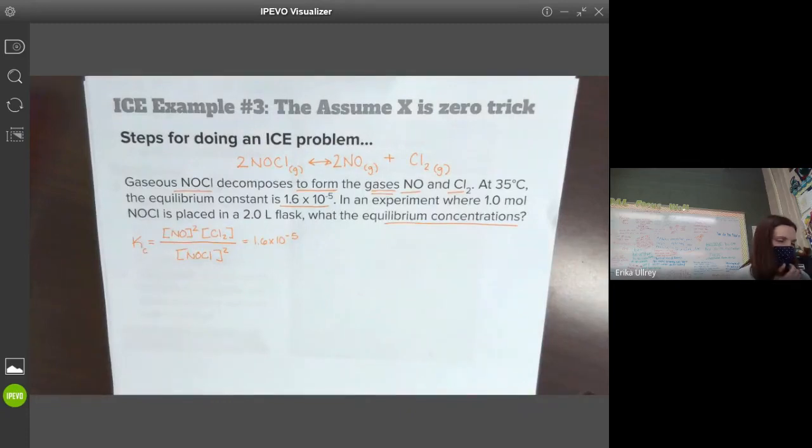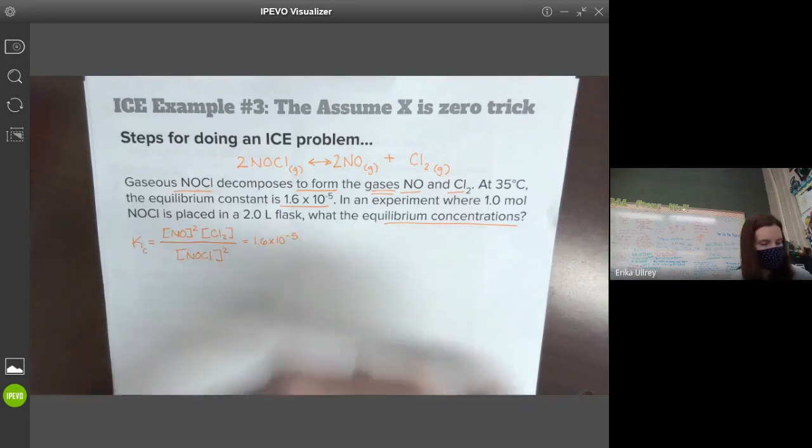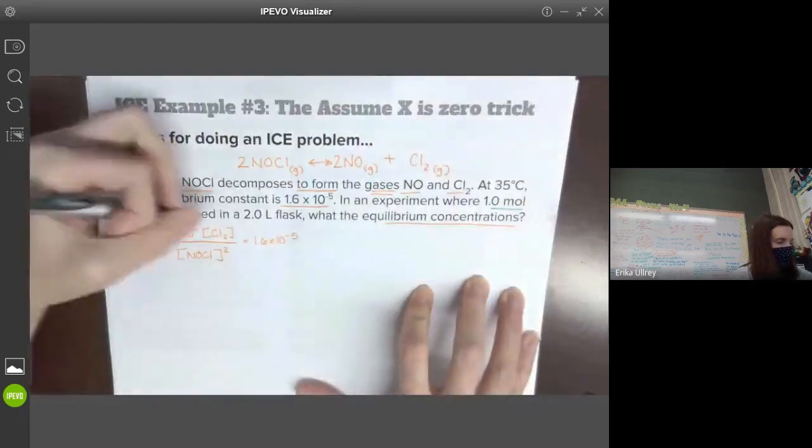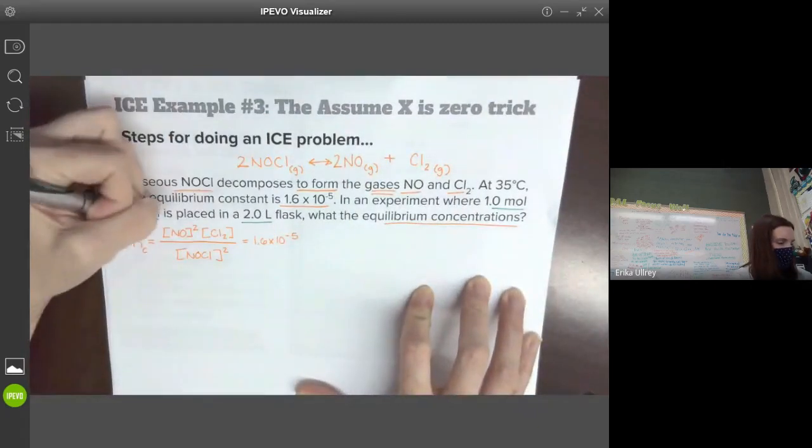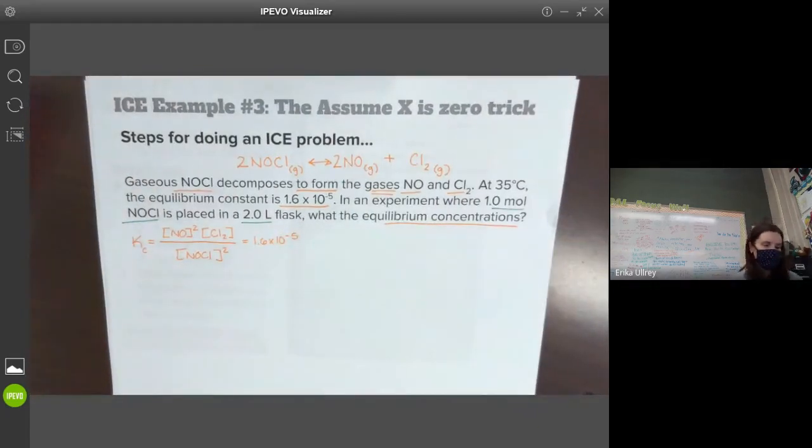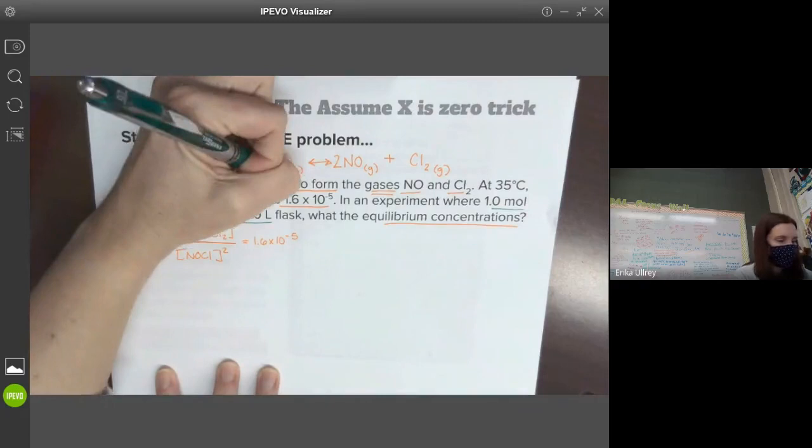In the experiment where we have 1 mole of NOCl placed in a 2-liter flask, what are the equilibrium concentrations? So what it's saying is we have 1 mole in a 2-liter flask of NOCl, okay? So the only thing we have is NOCl to start with.